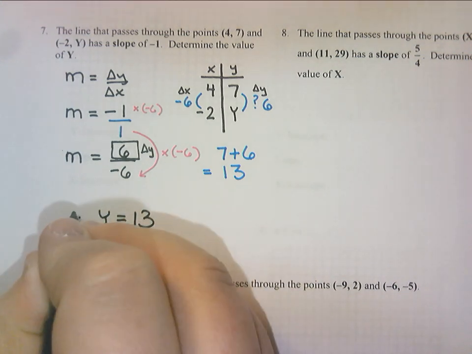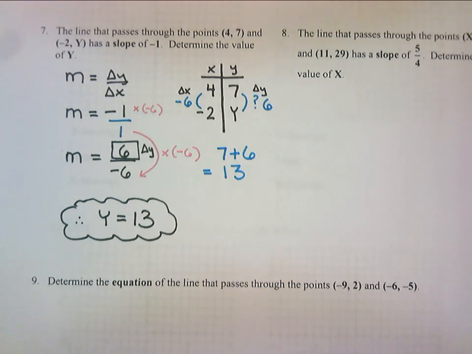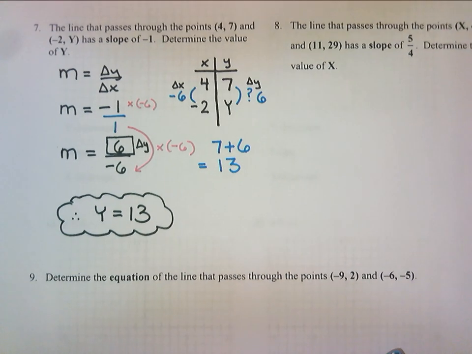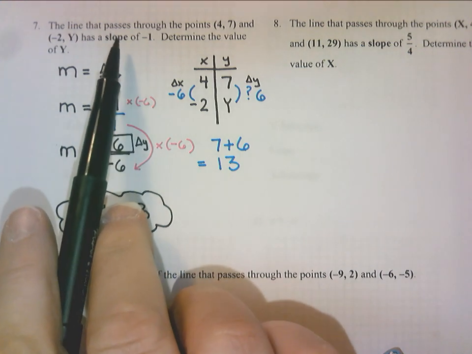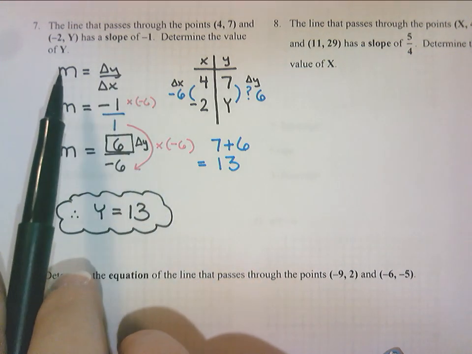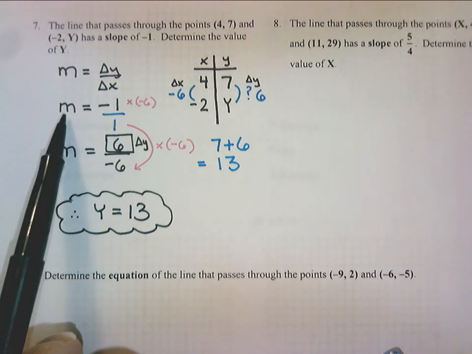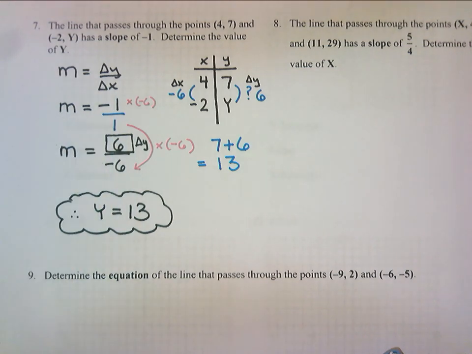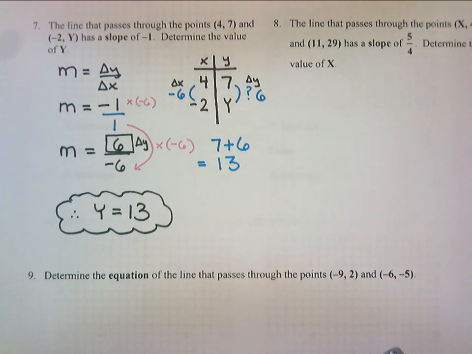Now that was a little different from our regular calculations. And very quickly, one more time, I'm just going to recap what we did. It told us the slope was -1. So I wrote down the formula for slope, delta y over delta x, and I said our slope is -1. Because it normally is supposed to be a fraction, I put it over 1. That's its secret denominator.